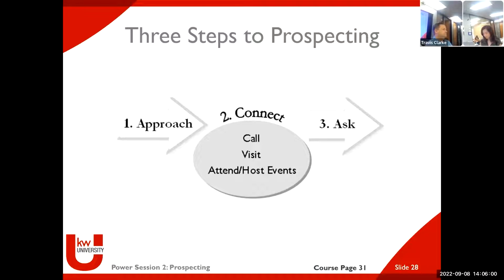Doing the scripts, calling people, getting in contact with people, and just getting in the habit of talking to people. So you're saying it's important to get in the habit of talking to people, prospecting, right?